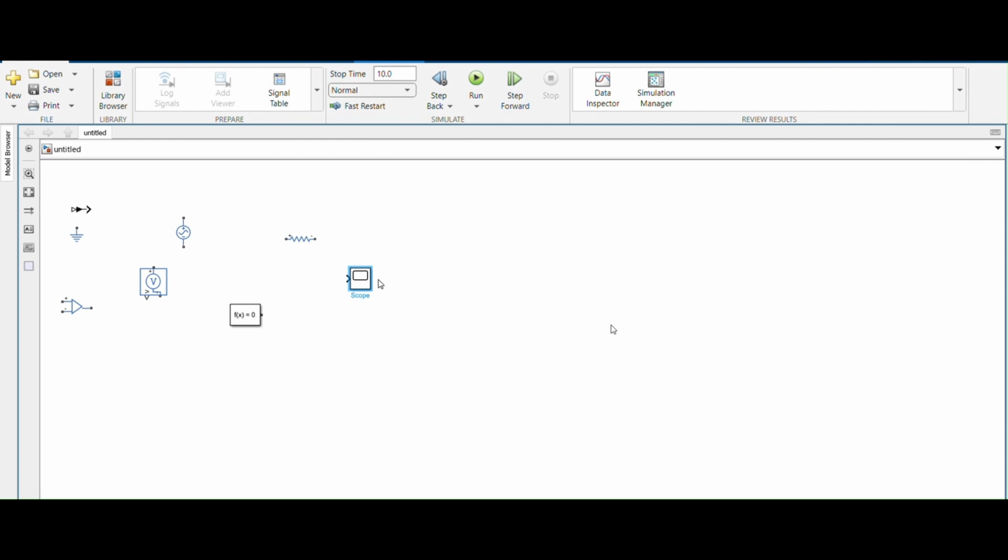As we have taken all the equipment required in our circuit diagram, now it's time to design the circuit.